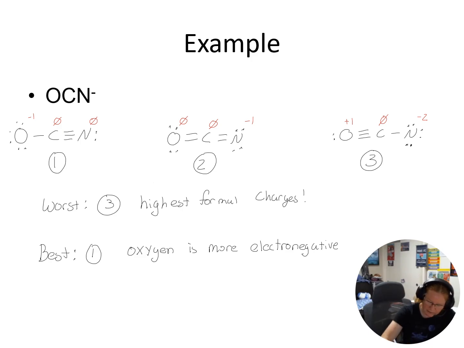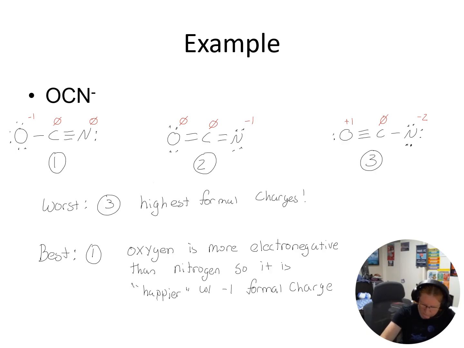Oxygen is more electronegative than nitrogen, so it is happier with -1. The -1 formal charge. Okay, so that's how we figure out which one's the best structure.